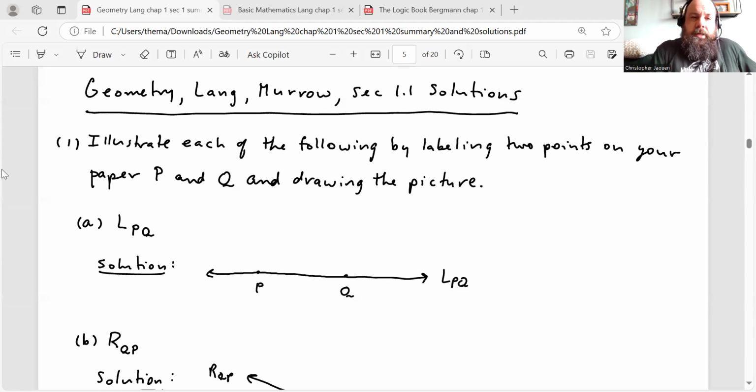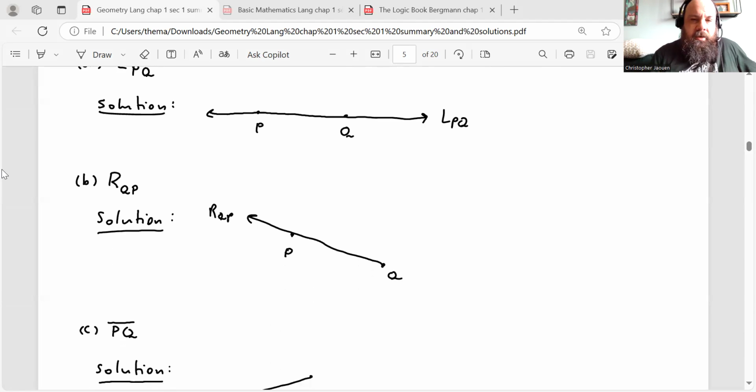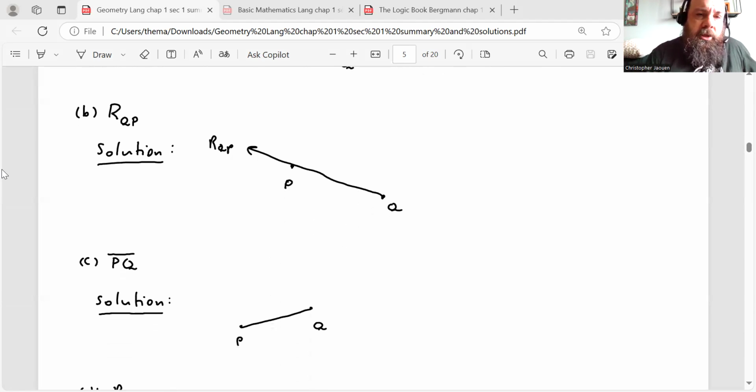Question one says, illustrate each of the following by labeling 2 points on your paper P and Q and drawing the picture. So here they want us to draw the line that passes through the points P and Q. All right, so that's what it looks like. You guys know what a line looks like. But I think that Lang is just getting us used to the notation here. Here we have a ray QP.